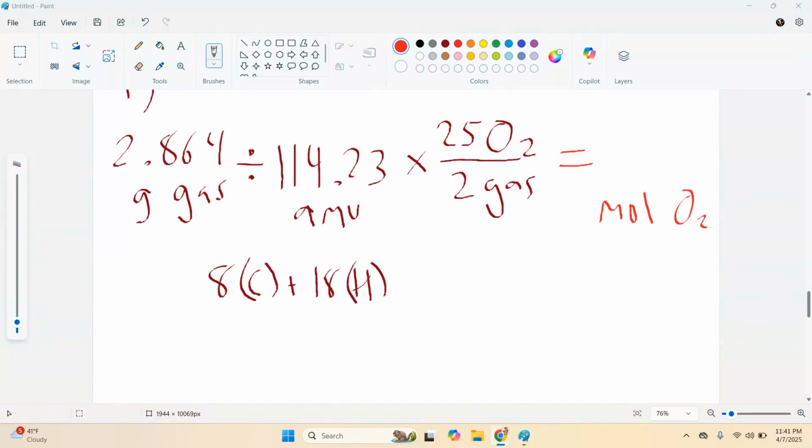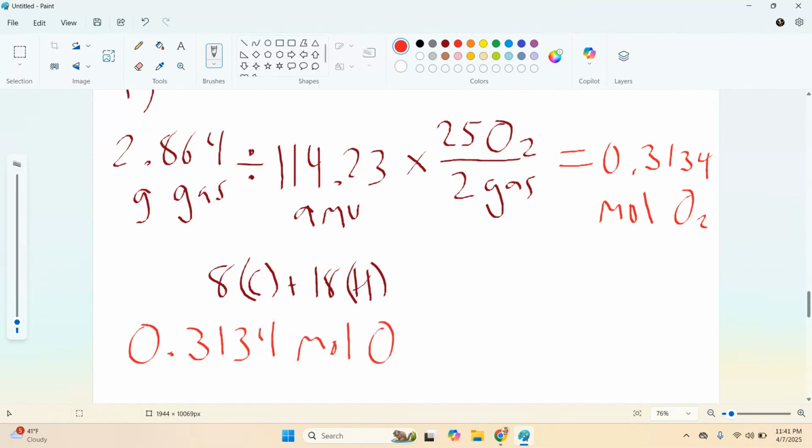Into my calculator: 2.864 divided by 114.23 times 25 divided by 2. It says that we need 0.3134 moles of oxygen gas.